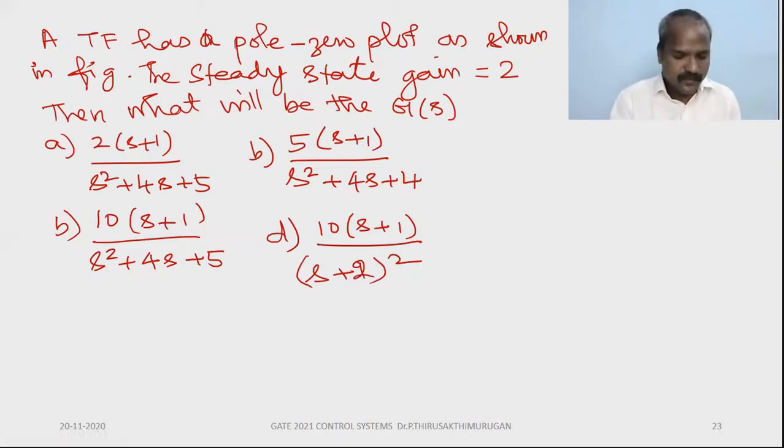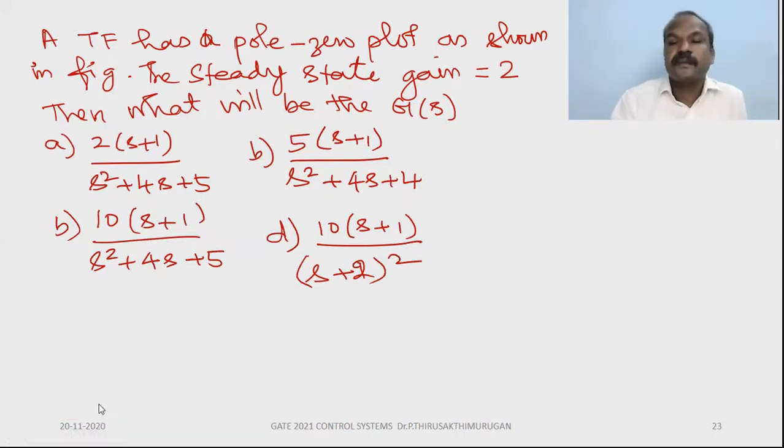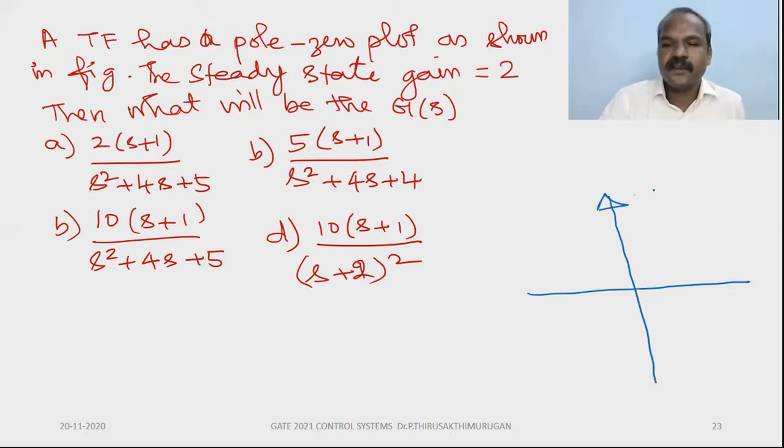So what is the pole-zero plot in the S domain? Which is the correct answer? My dear students, please tell me. How to proceed? The pole-zero plot is given. In the S plane, this axis is imaginary, j omega, and this is real.